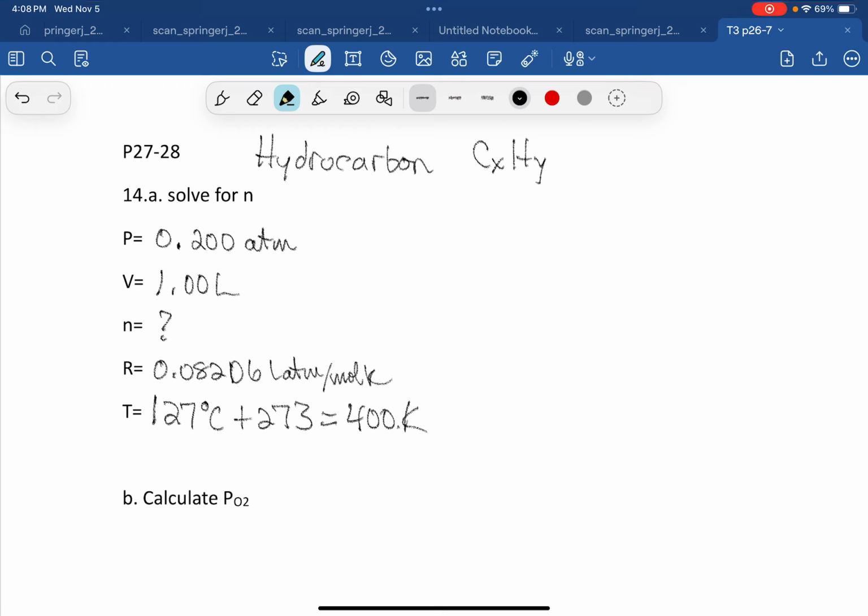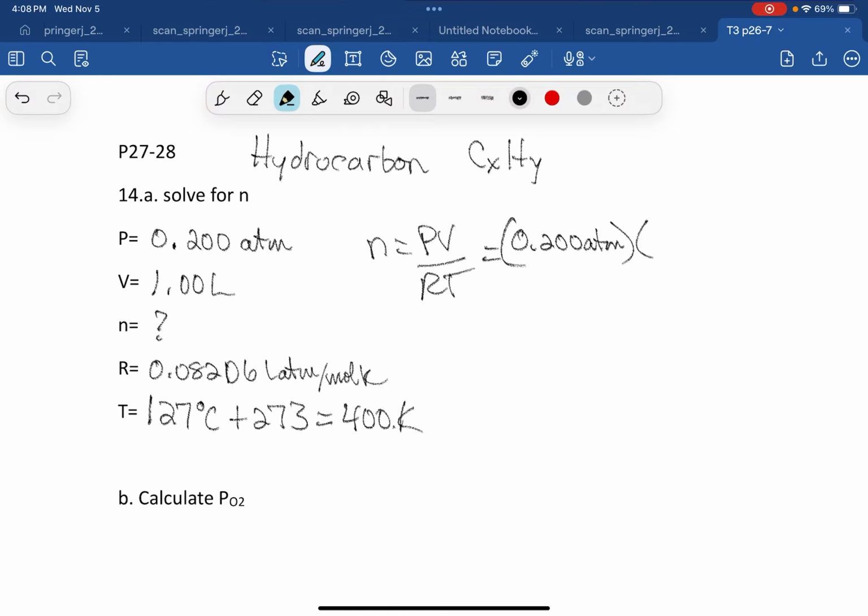So now to find n is PV over RT. And we'll plug in for P, 0.2. And V is 1 liter. And R is 0.08206.